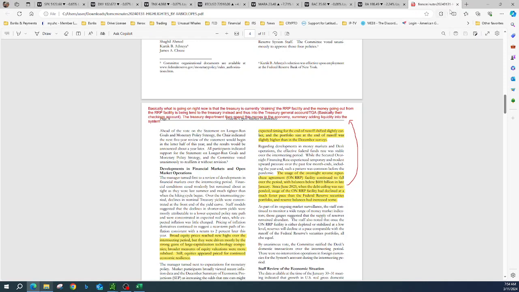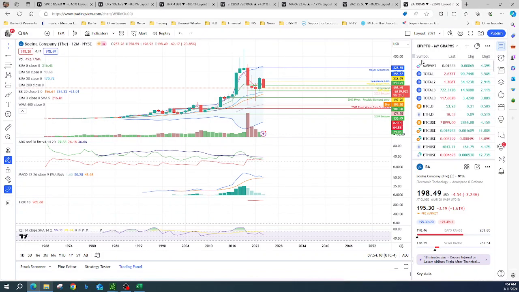But I want to highlight some assets. PayPal is a good example. Bank of America is a good example. Boeing is another good example. So we are still in a bull market.